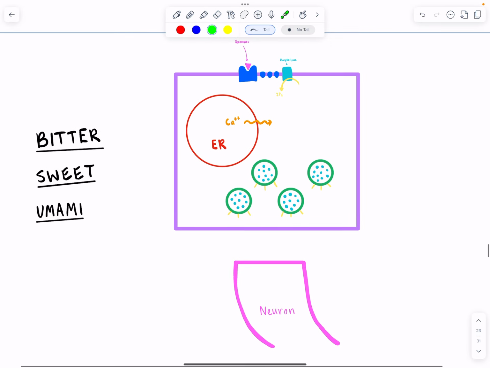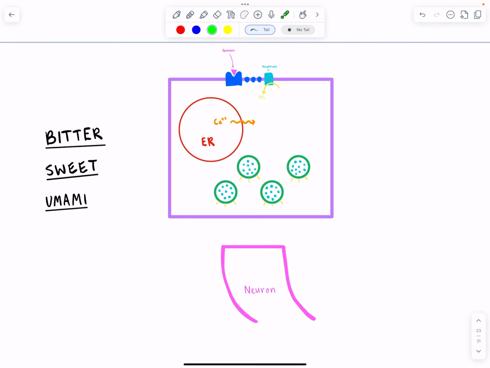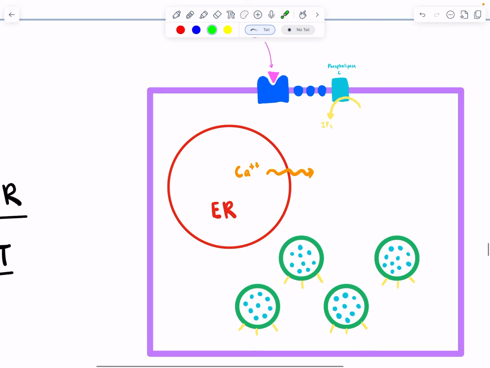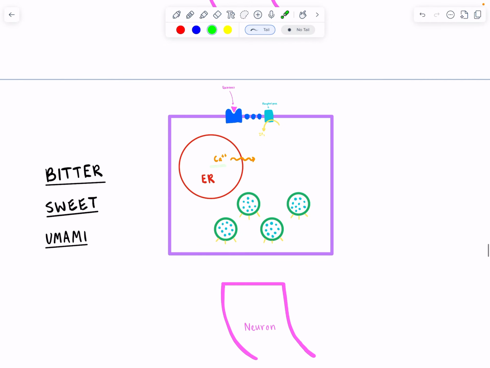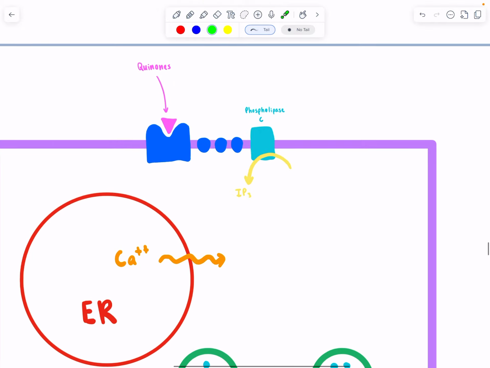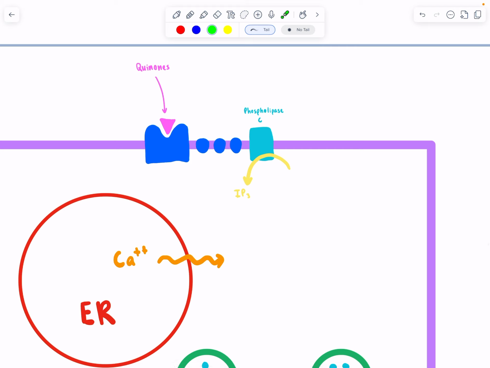Bitter, sweet, and umami are all the same, and their main players are ketones and calcium. With all of bitter, sweet, and umami, basically ketones come and bind to a G protein coupled receptor. Once this G protein is activated, it'll activate phospholipase C, which then produces IP3.